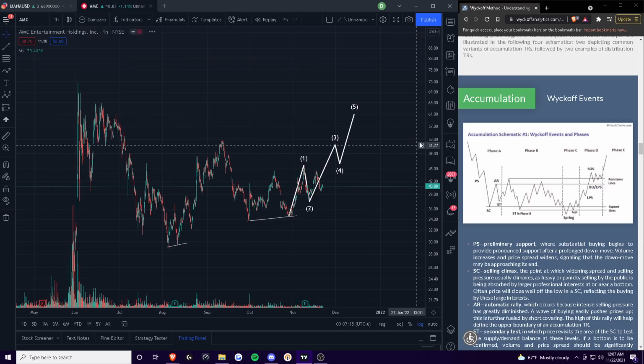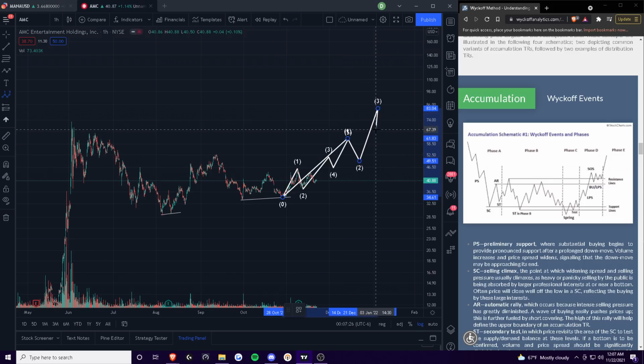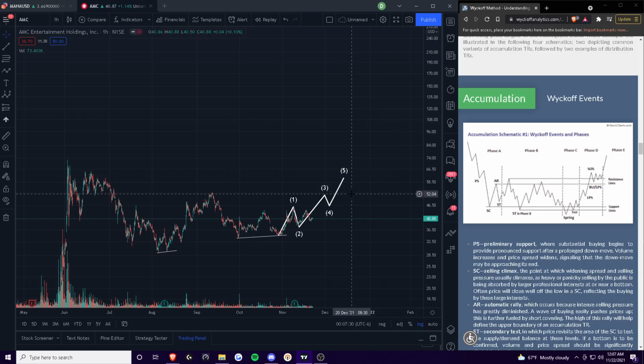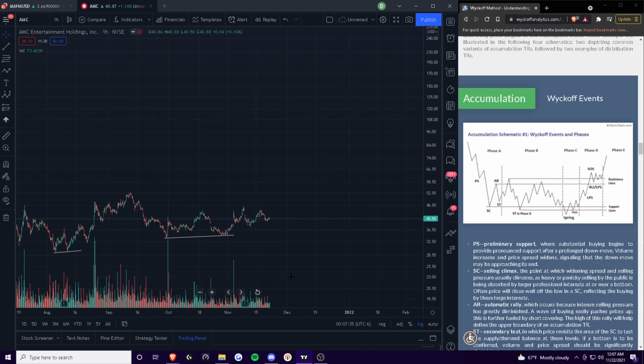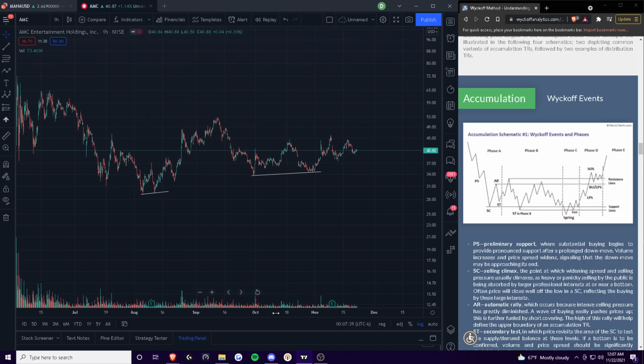And I don't think this is going to be the extent of this move. I think that this is probably more like the overall wave 1 until a corrective wave 2, wave 3, 4, 5. And I'm not giving price points. I'm literally just giving you an example of what that move would look like. Yeah, so that's pretty much how I'm looking at AMC in the short term.